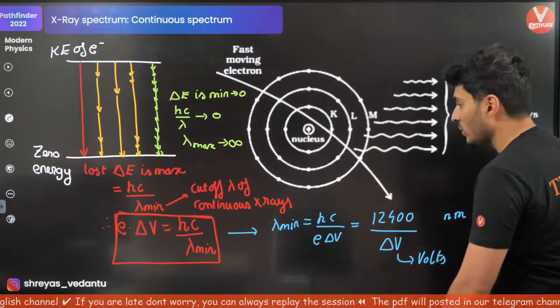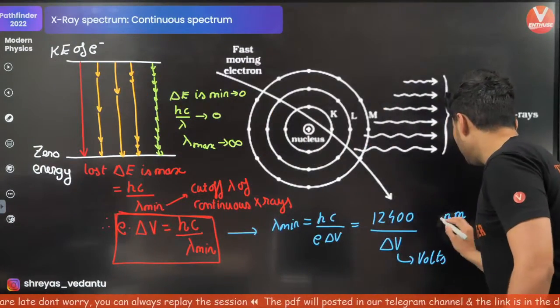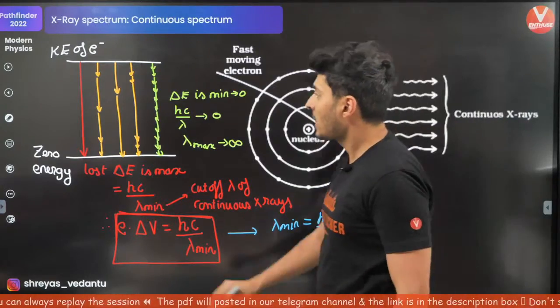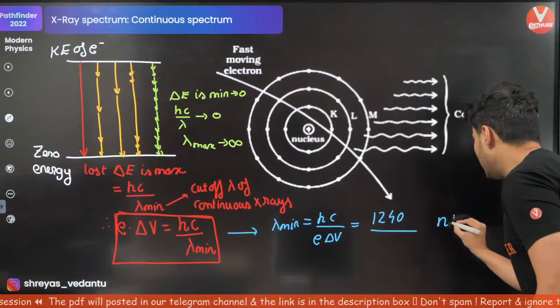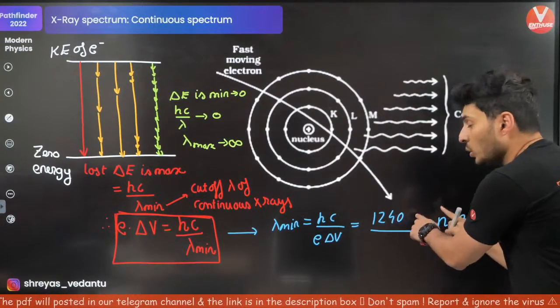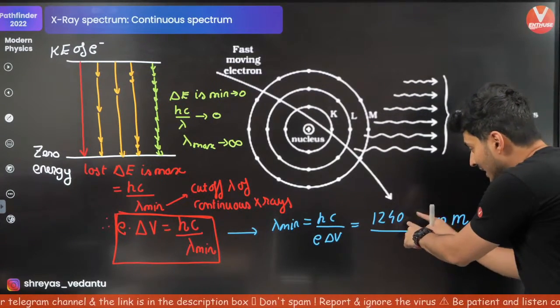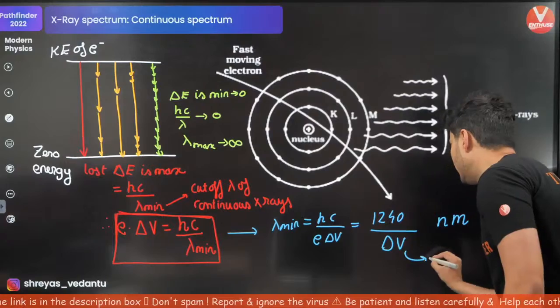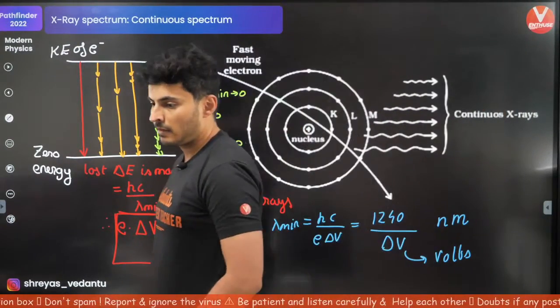If it is 12400, then it is Angstrom. Remember that conversion, but that had e over there. So that e and this e will get cancelled, and this will give you delta V, which has to be in volts. Keep this in mind. Very, very important.